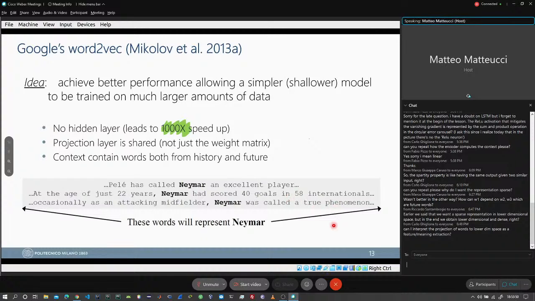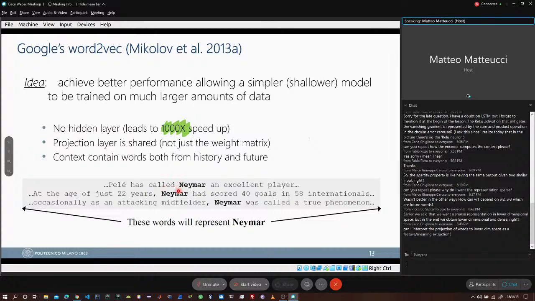So, as you see, and this is the key important part which answers the last question that was asked on the chat: can I think about this projection as the meaning, the feature of the word? Yes, and this projection is based on the surrounding.